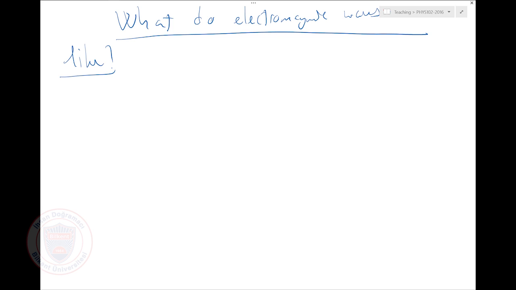So, let's talk about it now. I'll just write an electromagnetic wave which is propagating along the z direction. Okay, the electric field of x, y, z, and t will be very simple.